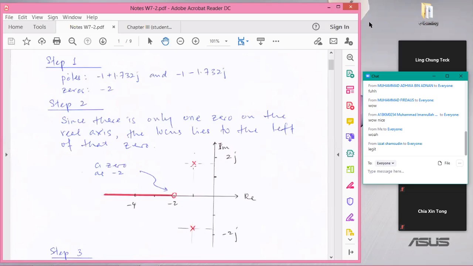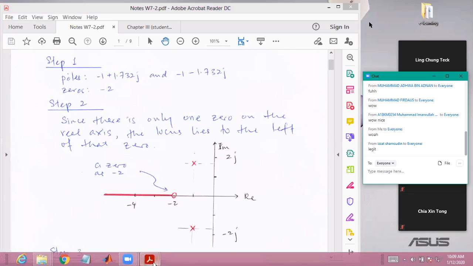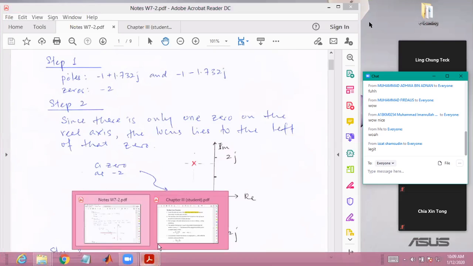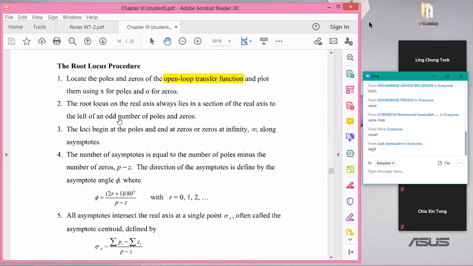And of course, when you have complex pole, it always comes as complex conjugate. So you're going to have another one, mirror image of that with respect to the real axis, at -1 minus 1.7j. So here you have two poles and one zero. And then on the real axis, there is a locus to the left of an odd number of poles and zeros.